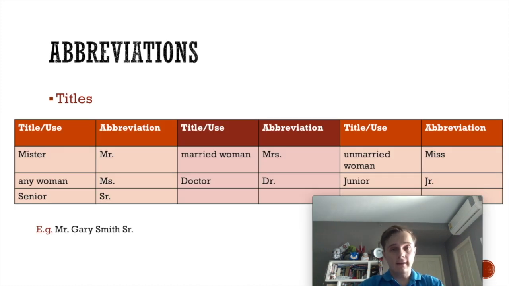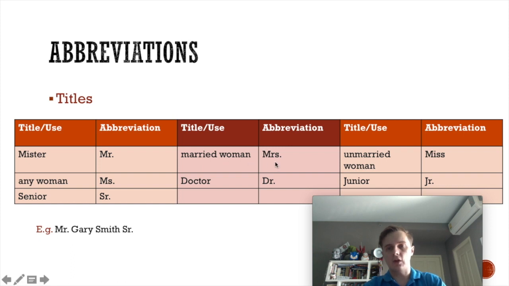On this slide, we can see abbreviations for people's titles, so words that go as part of somebody's name. Now, I think you've all seen this abbreviation before, very common. Mr., M-R, period. It means the word Mr, which we can use for any boy or man.